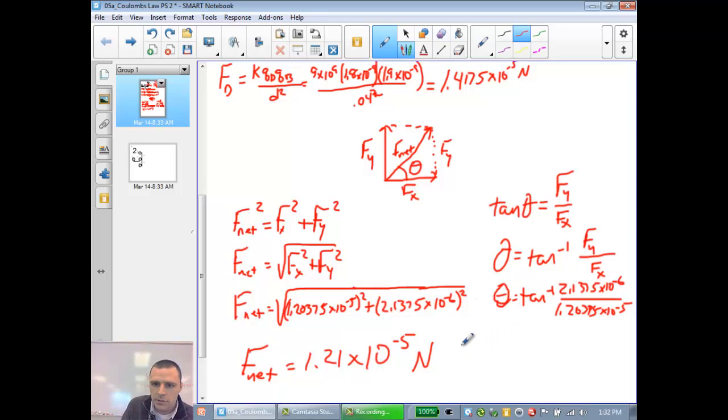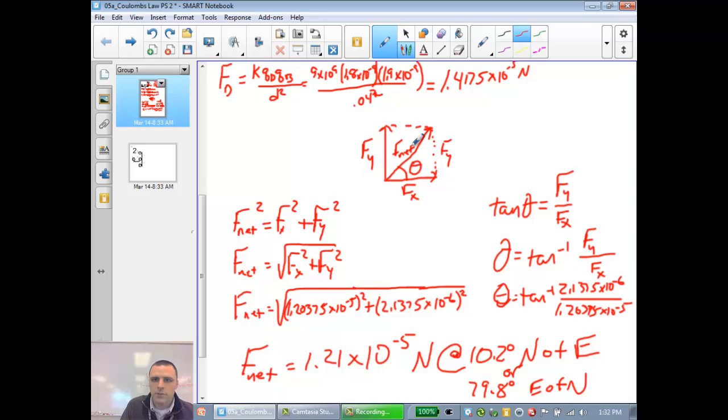And the angle is, let's just put this all together, 10.2 degrees north of east. If you found the other angle, it would have been 79.8 degrees east of north. And we can box that.